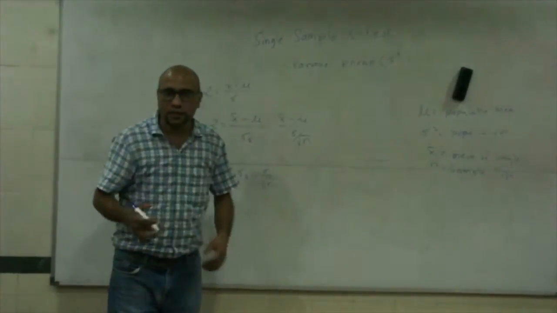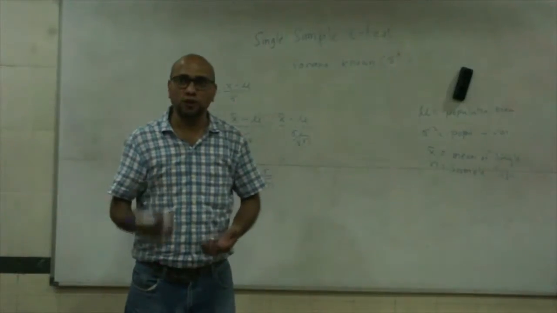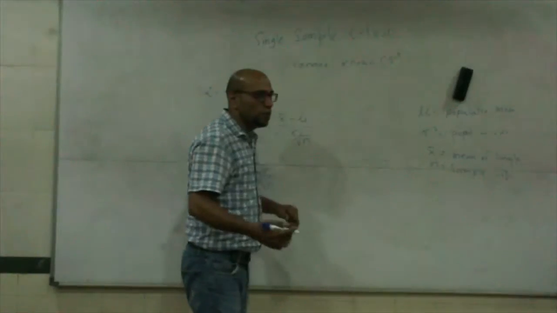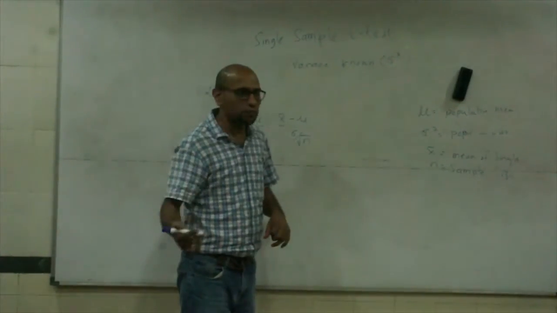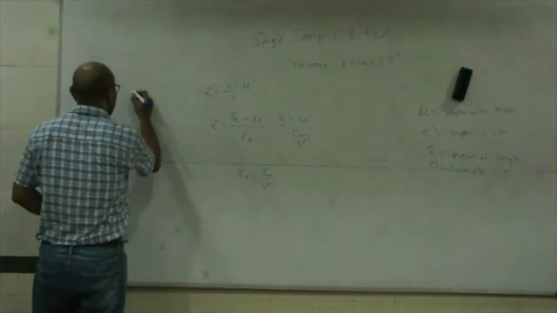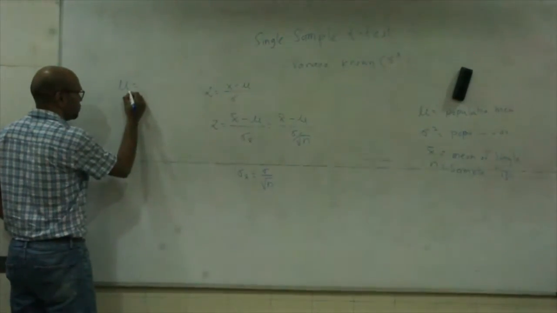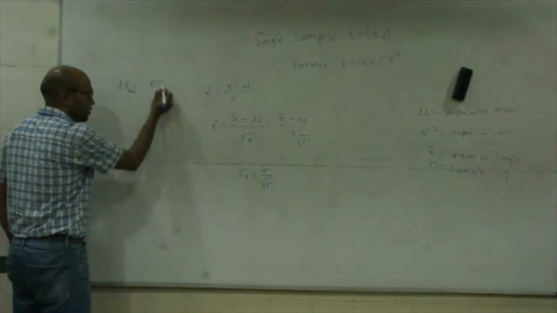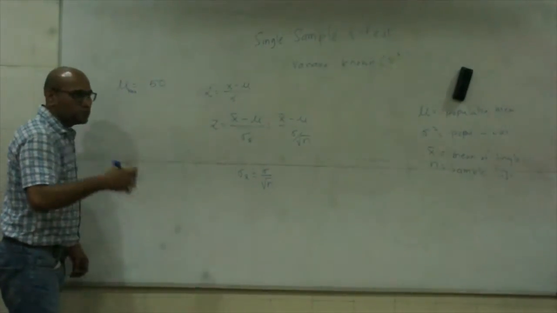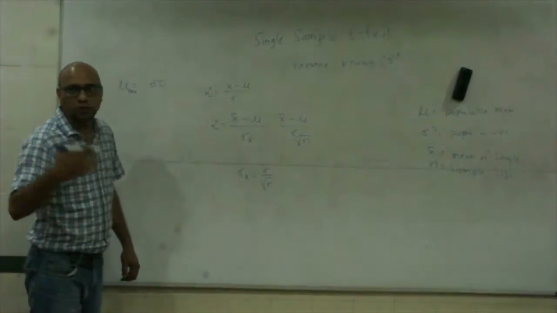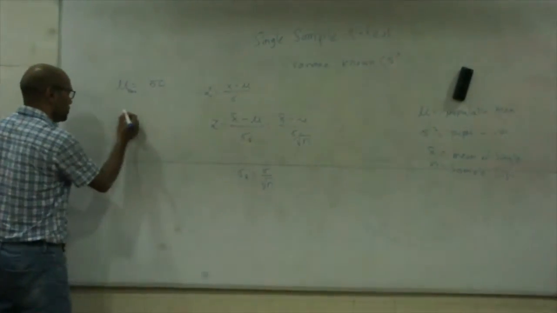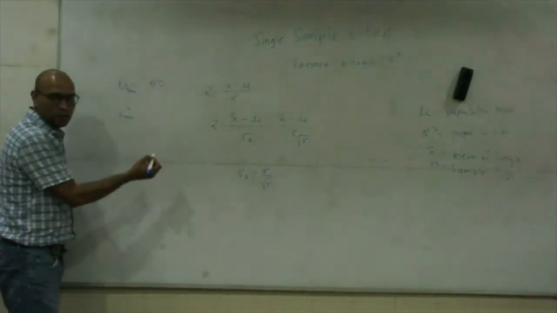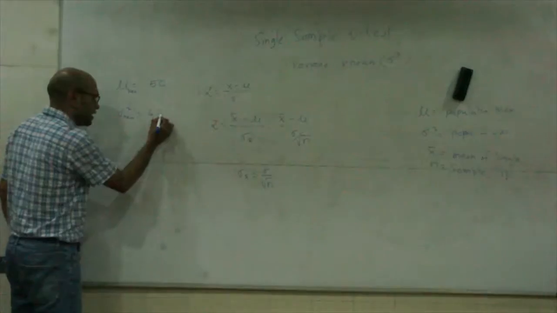Say for example, there is a test, say a test of neuroticism, okay? We know that the population mean for some large population, the mean of this neuroticism test, is say 50. For some reason I believe that I also know the variance of this particular scale, and this variance is 49.